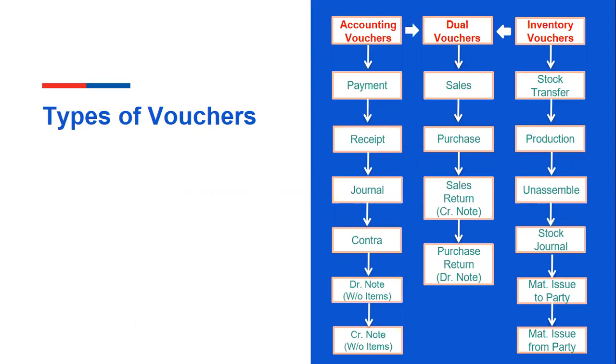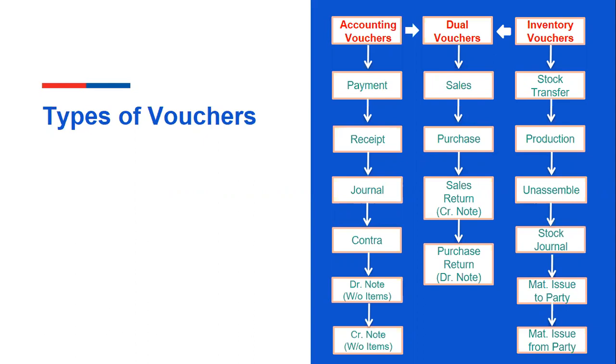And the last is the inventory voucher. If you're recording the transaction in an inventory voucher, then your inventory will be affected, not accounting. Like if you are transferring your stock from one material center to another, one godown to another godown, one warehouse to another warehouse. And the production voucher.